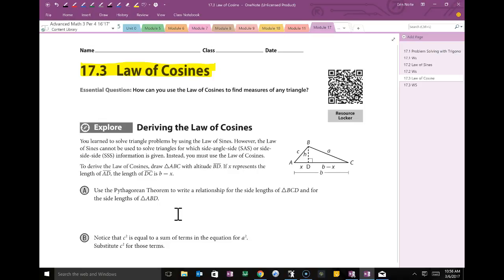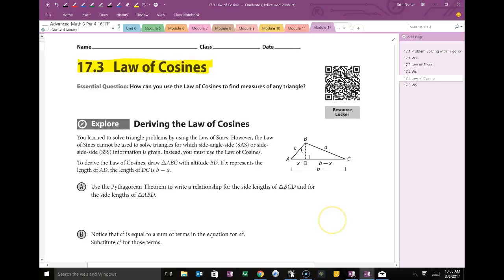Okay, law of cosines is also solving oblique triangles. This is a scenario where you might not have an angle and its opposite. The first part of this goes through how they come up with the equation for the law of cosines. I'm not going to show you this today.